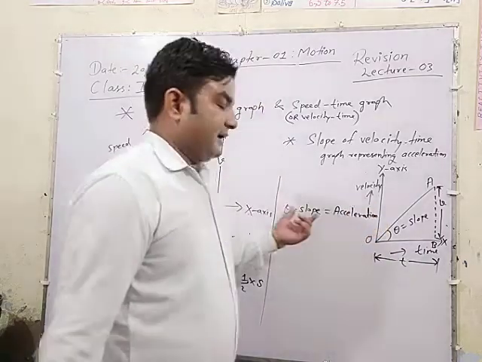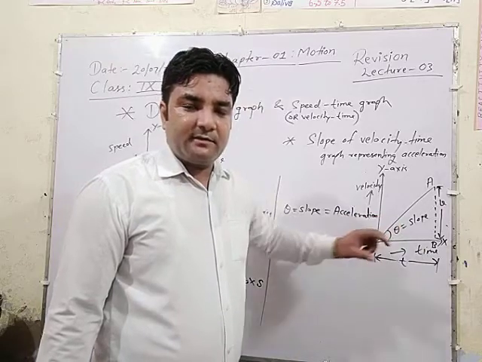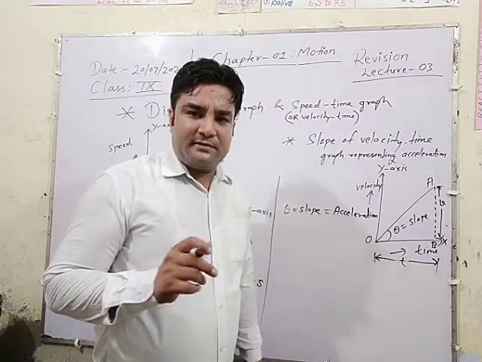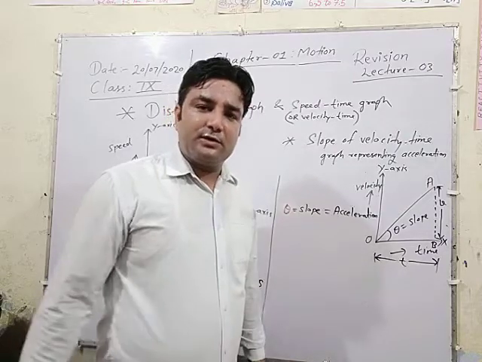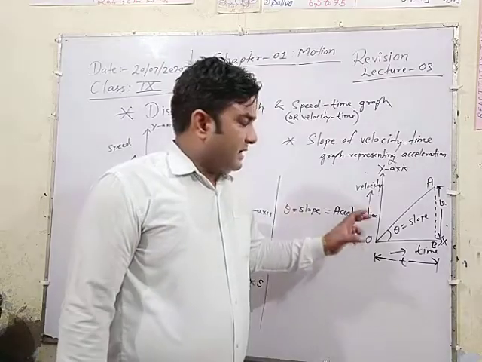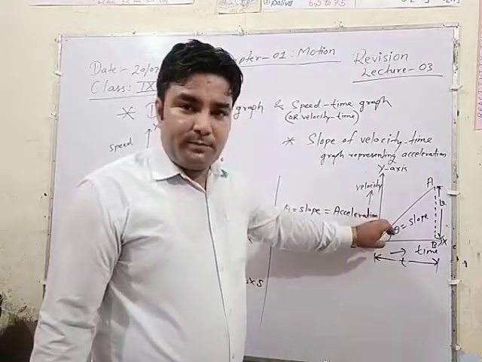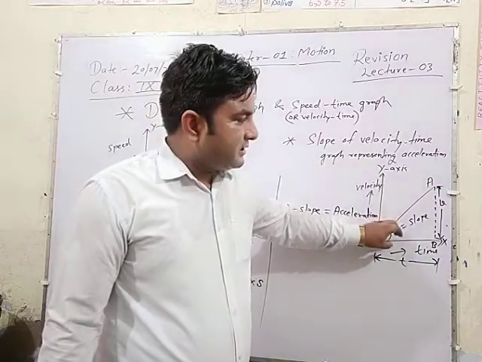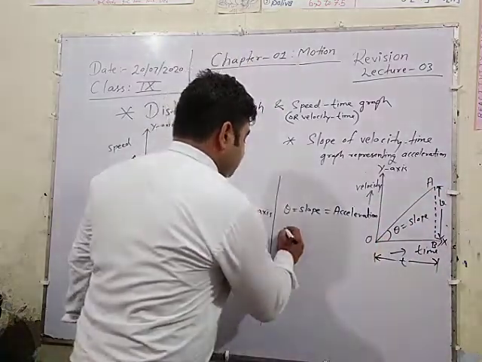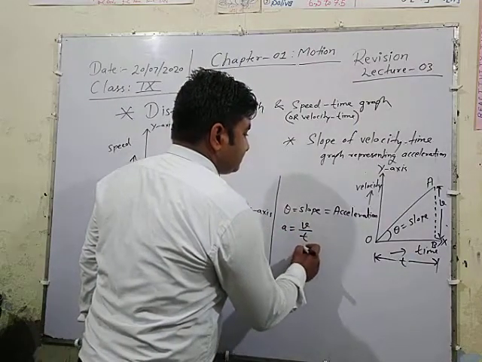In this right angle triangle, we have to calculate tan theta. For class 9 this is a different word, but in class 10 you will learn about sin, cos, tan, cot. No matter, but always remember that theta gives the slope, and slope means tan theta, which is perpendicular upon base. So acceleration is equal to V upon T.